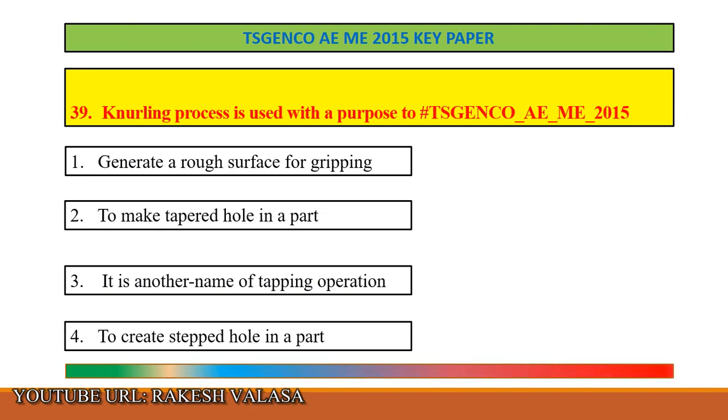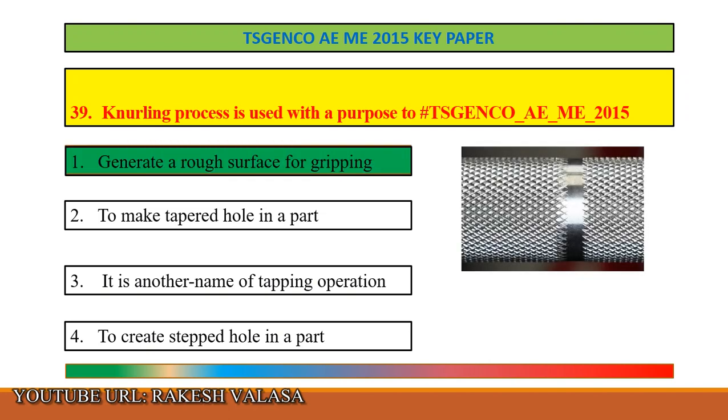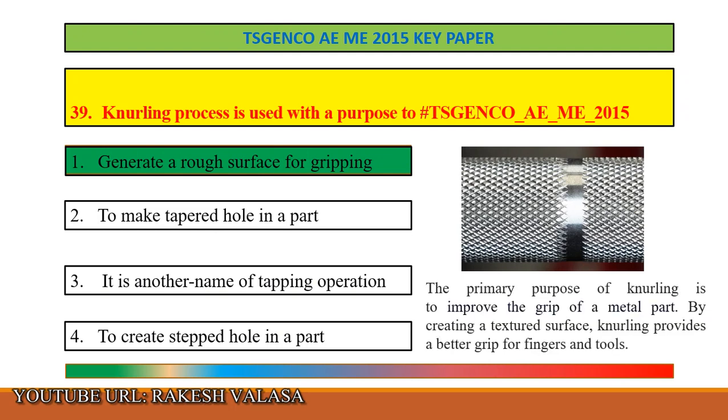The correct answer is option 1, generate a rough surface for gripping. You can see the image for the knurling operation. The primary purpose of knurling is to improve the grip of a metal part by creating a textured surface. Knurling provides a better grip for fingers and tools.